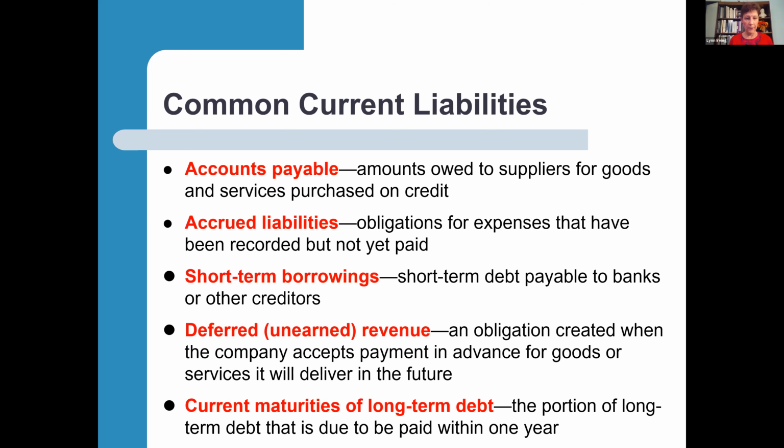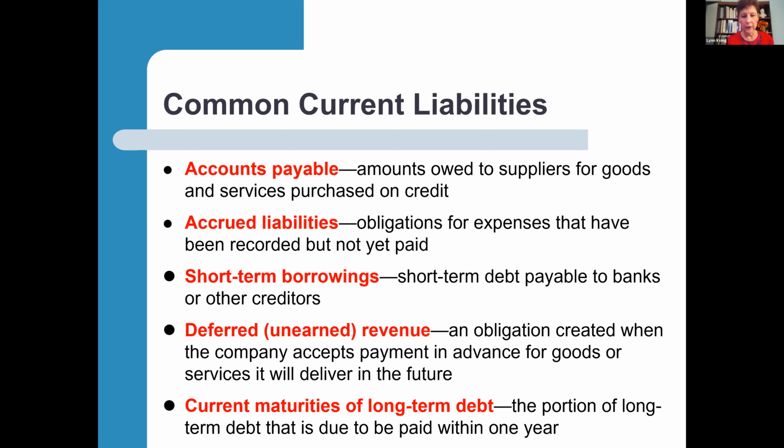I do want to stop for a second at deferred or unearned revenue. I think some of you may be dealing with this. Let's say you have an interior design business and you've signed a contract with a client and you require a down payment of 50% on the front end. So they give you the cash up front, and look what happens.